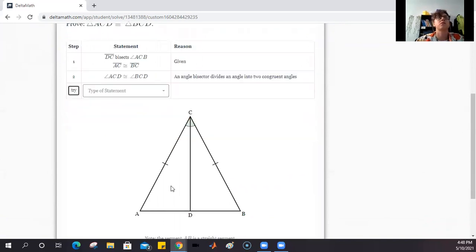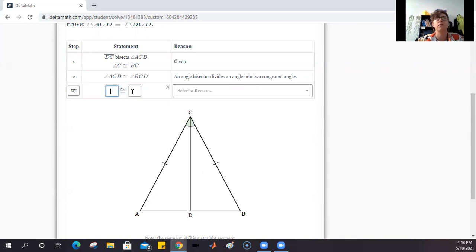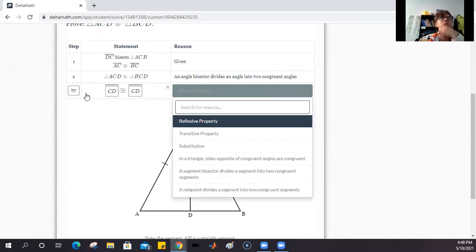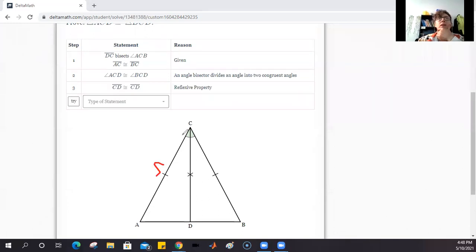Now we see these triangles are smashed next to each other, meaning they're sharing this side CD, which has to be congruent to itself because it is itself. It's part of both triangles, but it is itself. It's congruent to itself by the reflexive property. And now let's see what we have going on here. We got a pair of sides congruent. We got a pair of angles congruent.